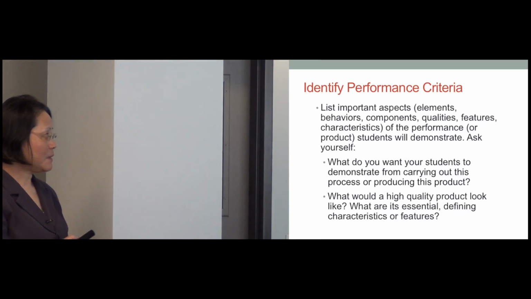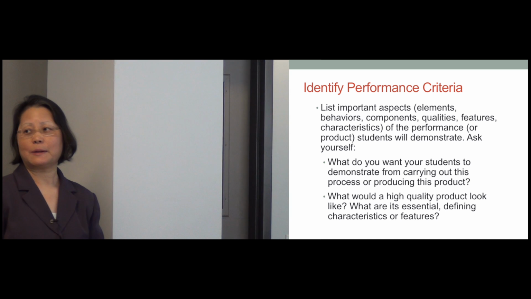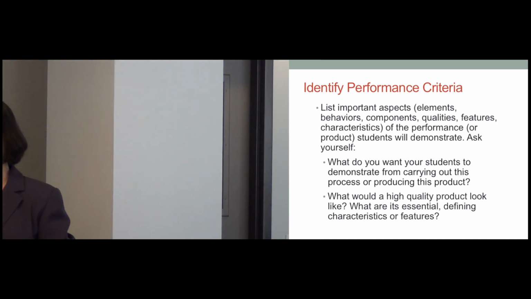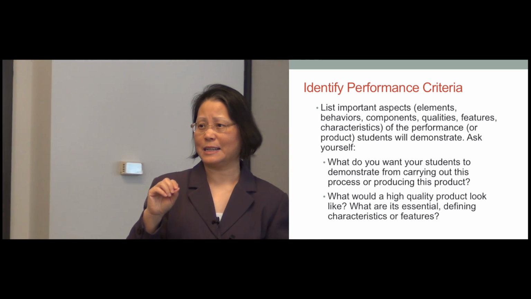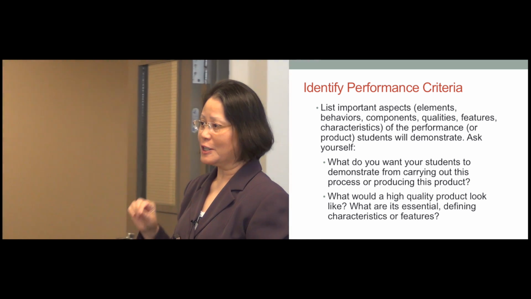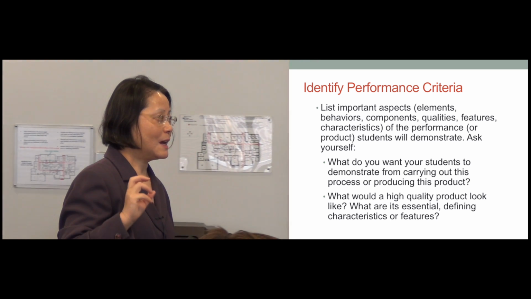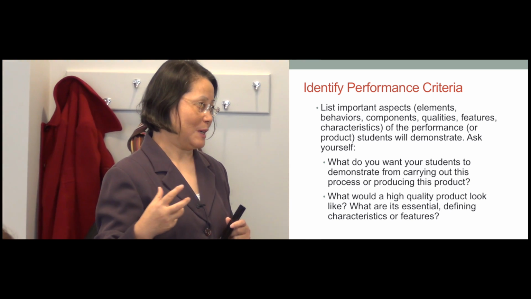So the first step is to identify performance criteria. For performance criteria, we need to list important features and characteristics, the criteria which we want students to achieve, to perform, to demonstrate.